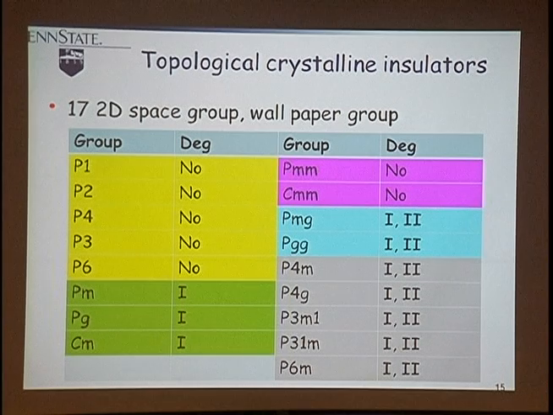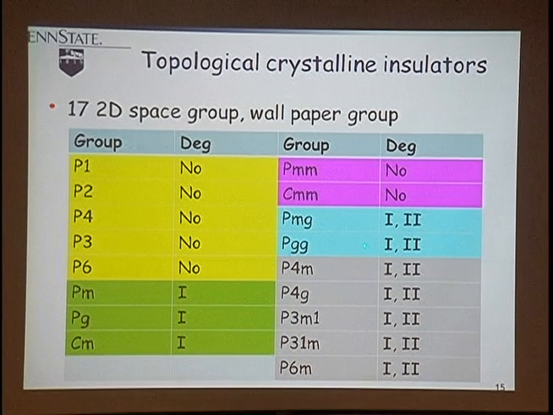It can exist. And for PMM, CMM, because there are two mirror symmetries, of course here we didn't talk about spin, so it's about spinless fermions. For these symmetry groups, both the type 1 and type 2 degeneracy we will talk about later can exist.